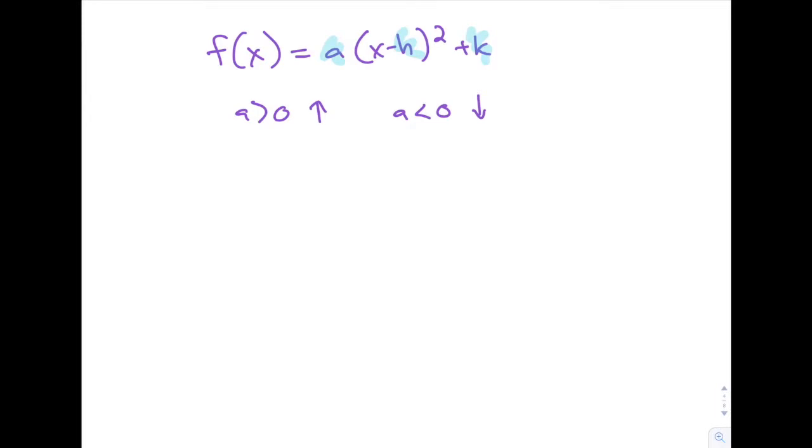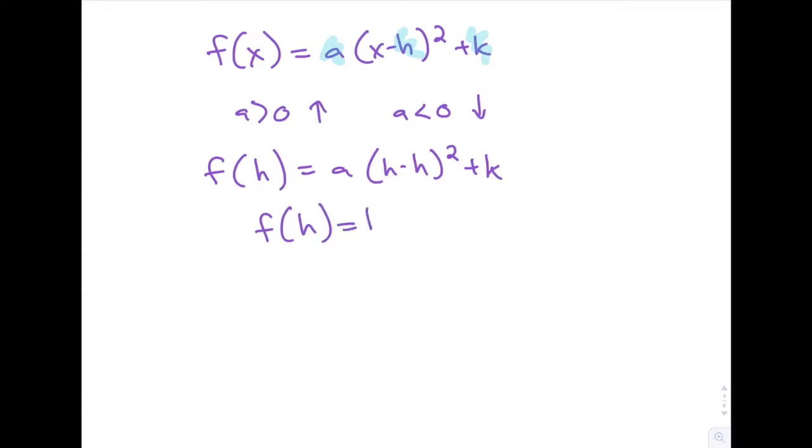Then we can find a minimum or maximum for the parabola based on the vertex. So we know that if we plug in f of h, that'll give us a times h minus h squared plus k. So that'll leave us with f of h equals k, which is just our vertex (h, k).